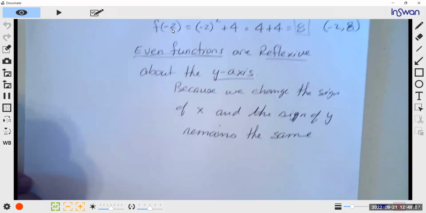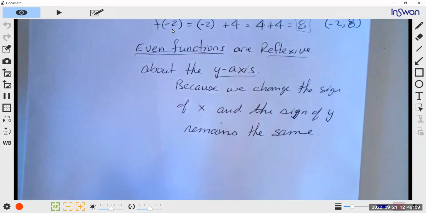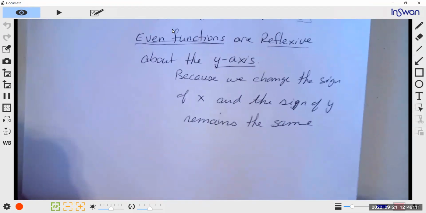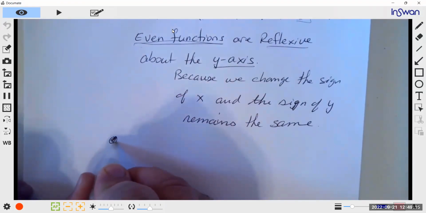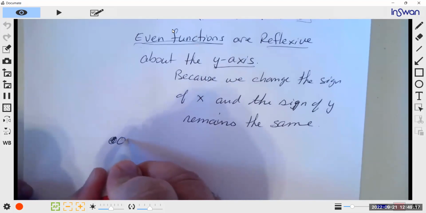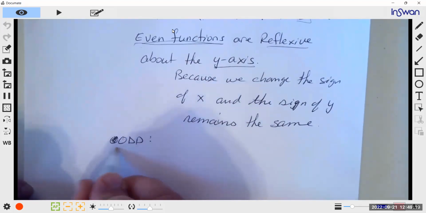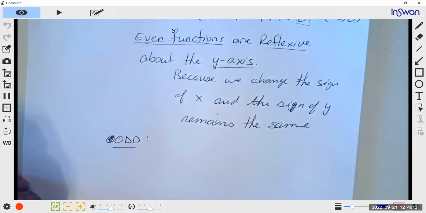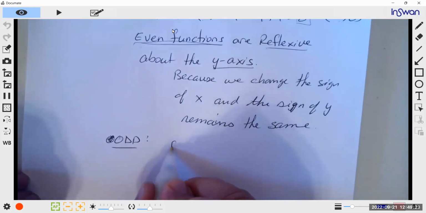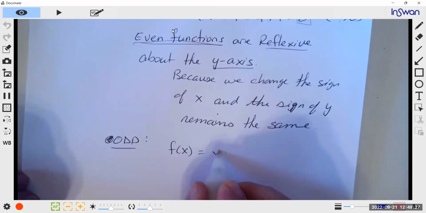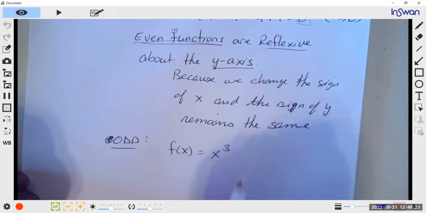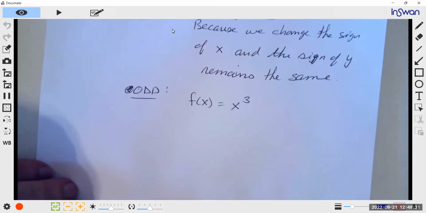And we're going to have examples, so we just look at it and you tell me if it's odd or even, or neither. Let's look at even. No, that's odd. Let's look at odd functions. An odd function, let's look at x cubed.